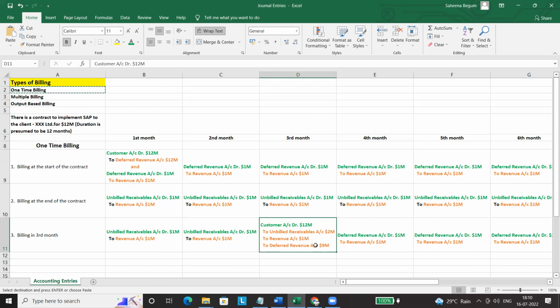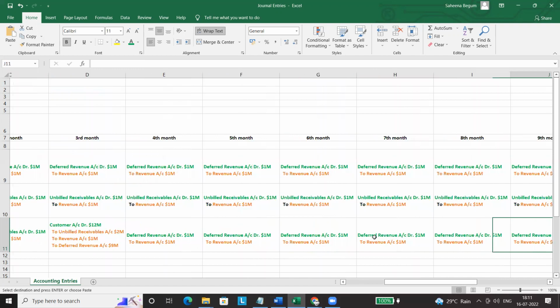Now that excess revenue will be taken to deferred revenue. Deferred revenue means, as I've already told you, we are deferring the revenue, since the revenue is not to be recognized in this month, but over the next couple of periods. So we initially credit the deferred revenue account, and then in the following months, when we have to recognize the revenue, we recognize it from our deferred revenue account, and this continues.